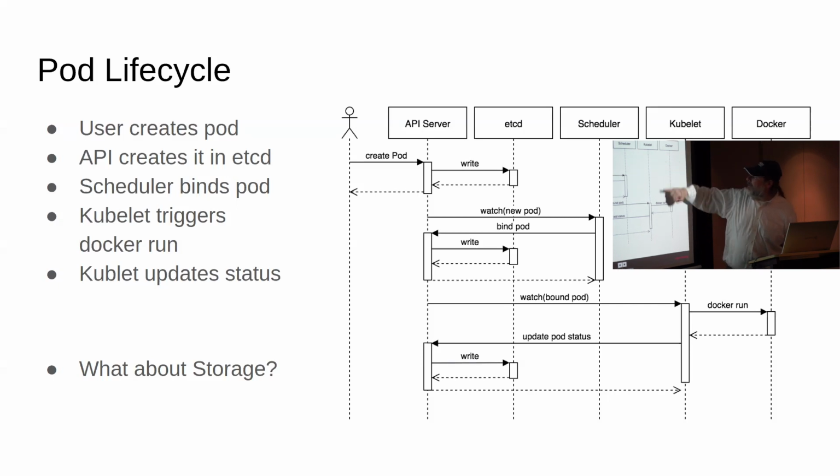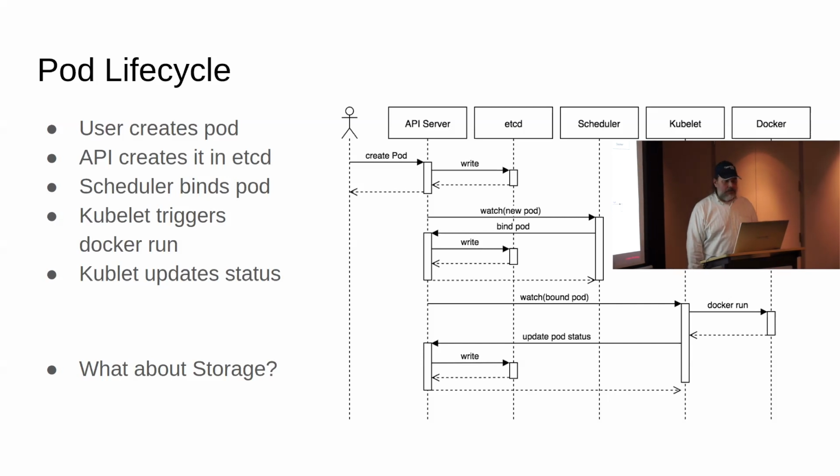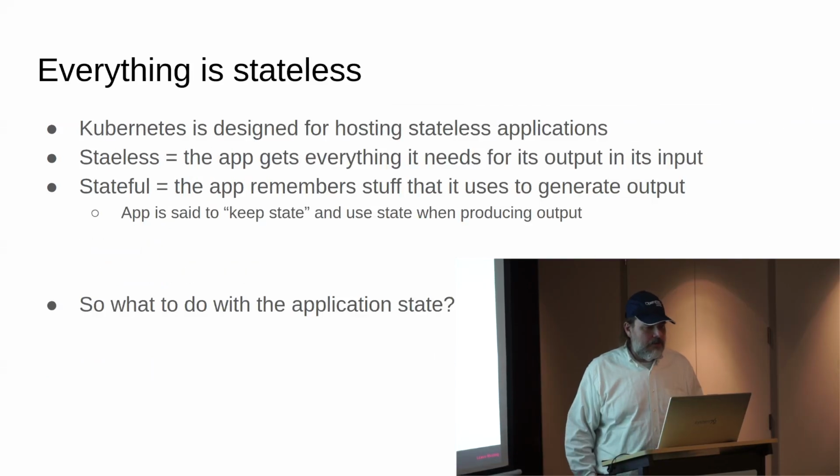It then tells Docker to go run the app, and then kubelet tells etcd that the app is running. So it's all driven by the component that's closest to the hardware. It gives you this sort of composable infrastructure that comes together as you watch, which is pretty fun.